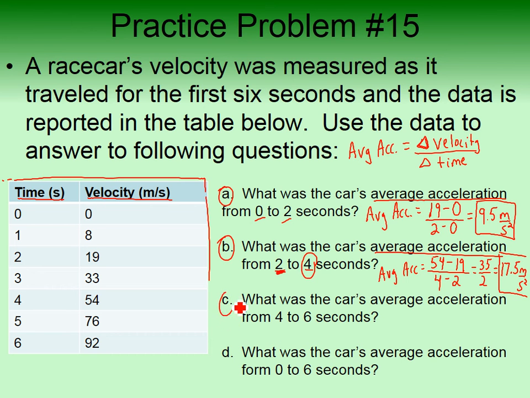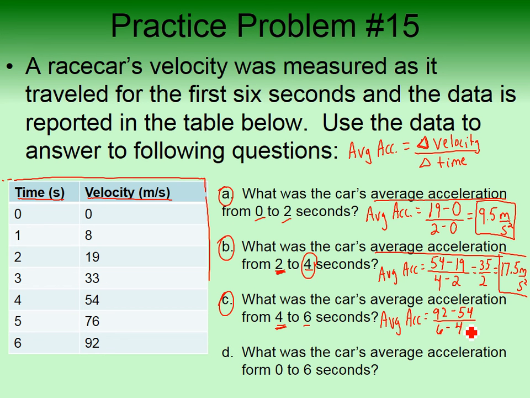Let's go to part C. From 4 to 6 seconds now. The final velocity at 6 seconds would have been 92, minus the initial at 4 seconds, 54, divided by the final time 6 minus the initial time 4.